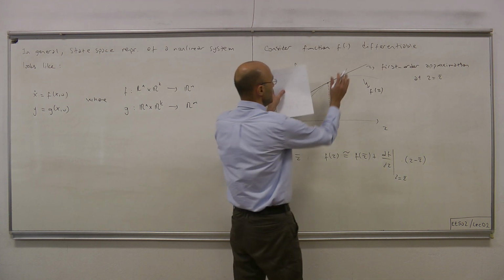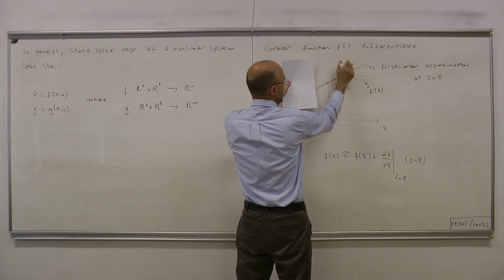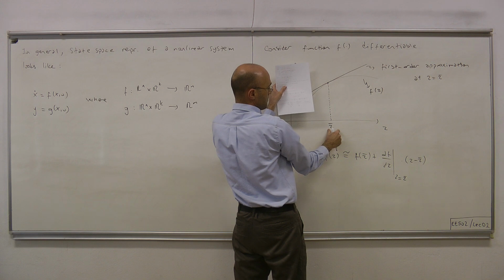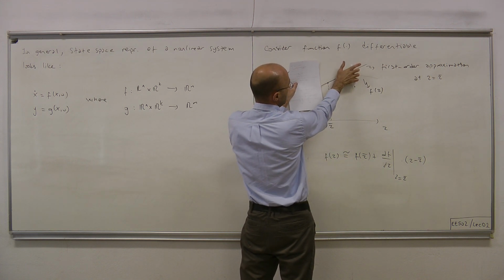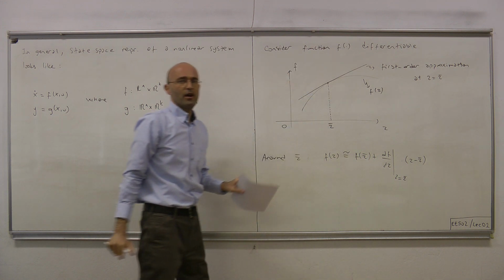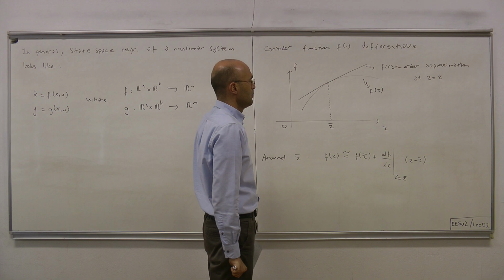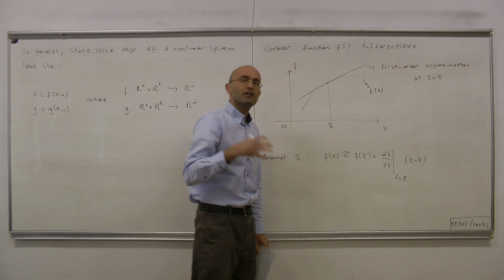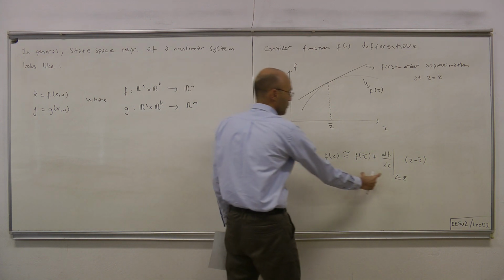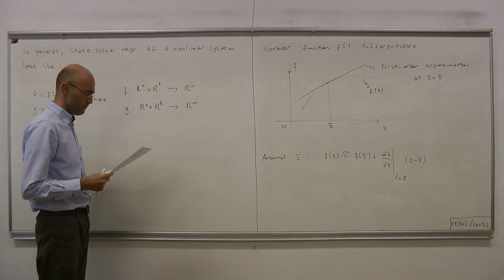And clearly, if you look at the curve in a small neighborhood of z bar, this line and that curve look very much like one another. Therefore, for many practical purposes, instead of working with f of z, because it may be a difficult task, we can work with its first order approximation. We can work with that line.